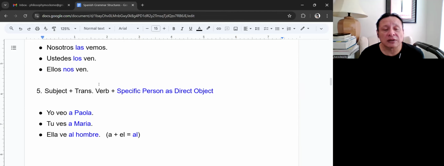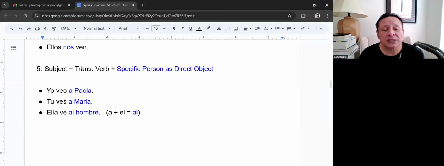Sentence pattern number 5. Subject, transitive verb, again, transitive verb, but now it's a specific person as a direct object, a specific person, right? And you'll see why it's important, because Spanish throws in this little a for a specific person.